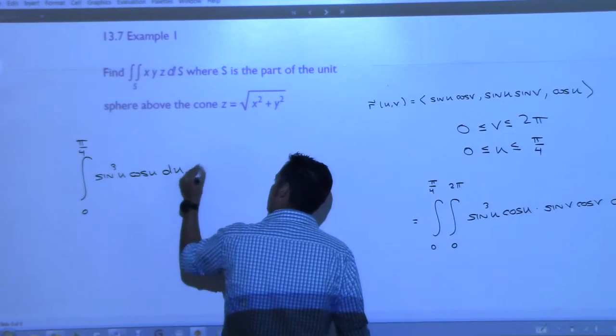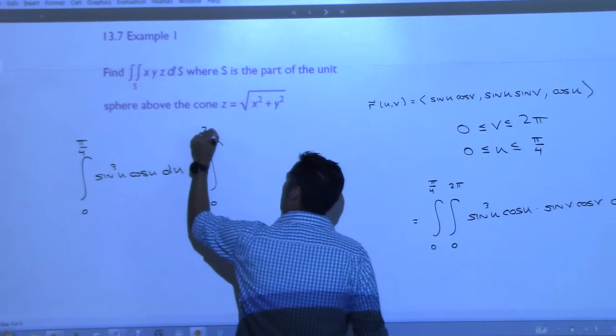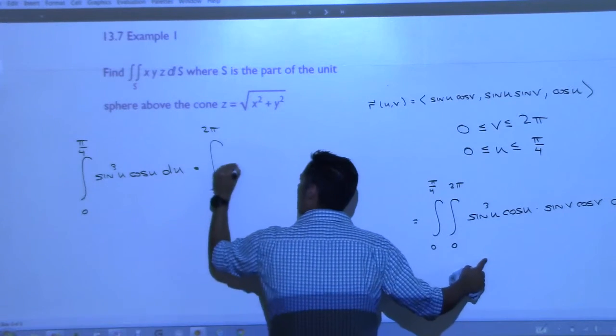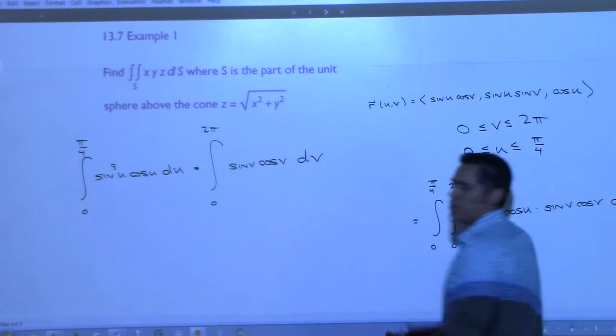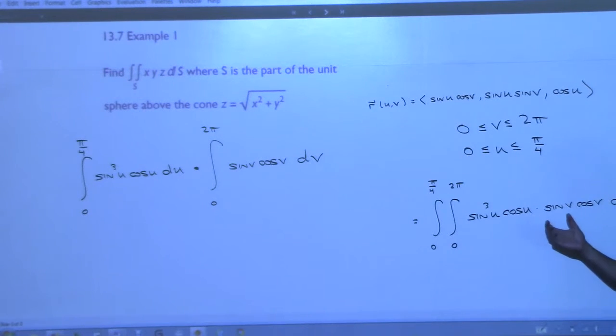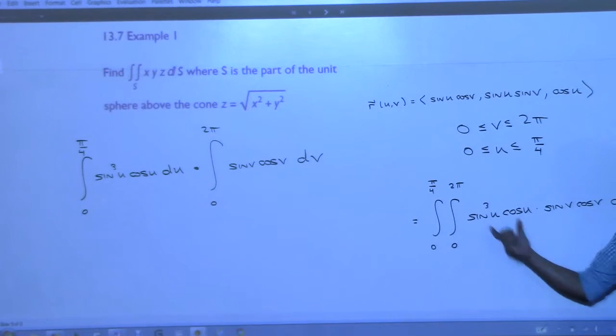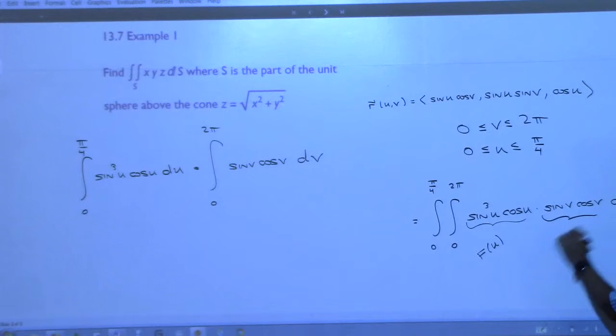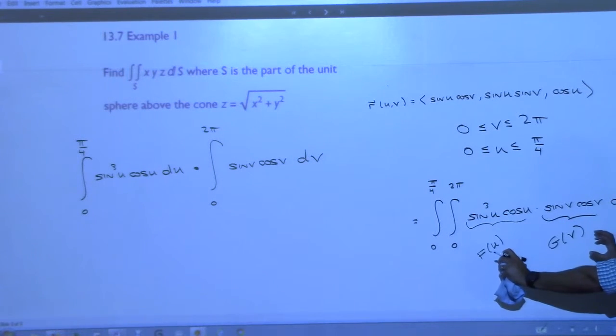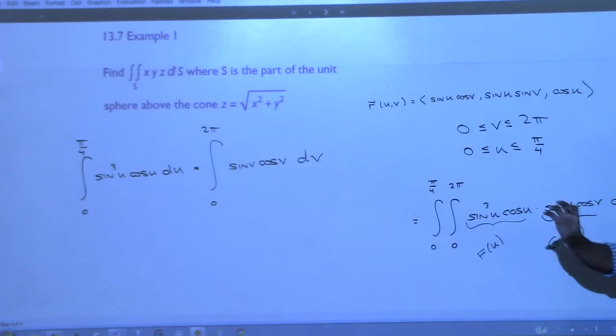Then times, not plus, 0 to 2 pi, and then sine v, cosine v. If you don't want to do that, you don't have to. But I'm using the fact that this is some function of u, and this is some other function of v. If you have them completely separate like this with multiplication, you can separate this into two integrals.